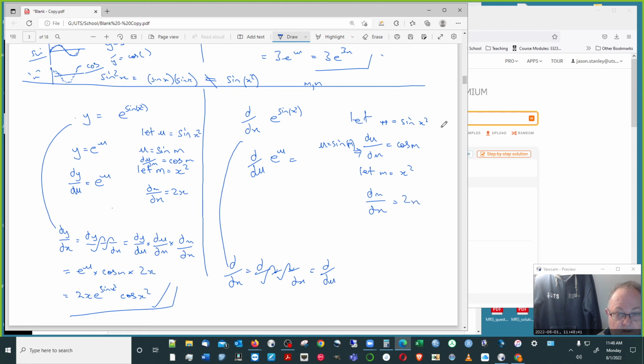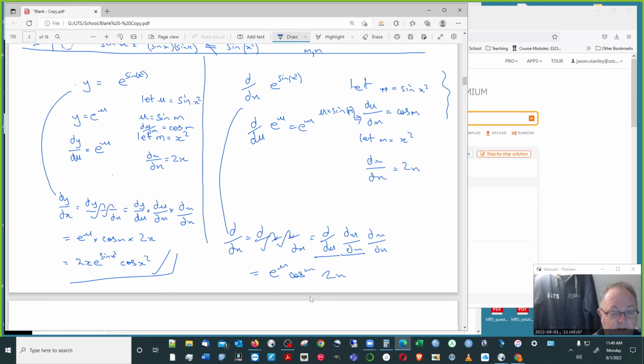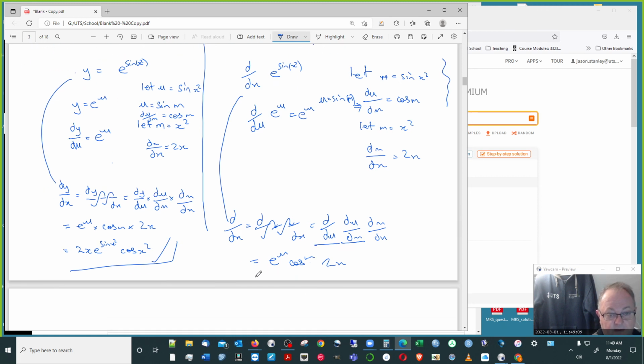So it's the same thing. This is very tricky. Look, once you get used to it, you'll find that you are on top and winning. Just link them together, and it comes out as the same thing. So that's e to the u, cos m is that one, and 2x is that one. Okay, and then it's going to be the same thing.